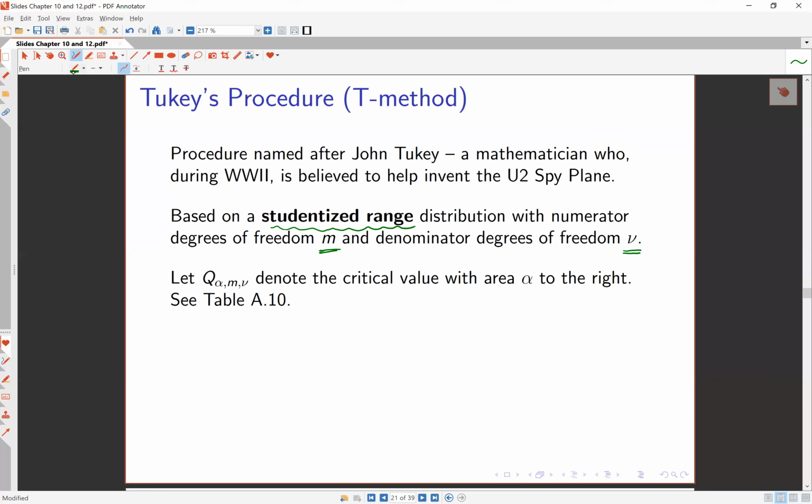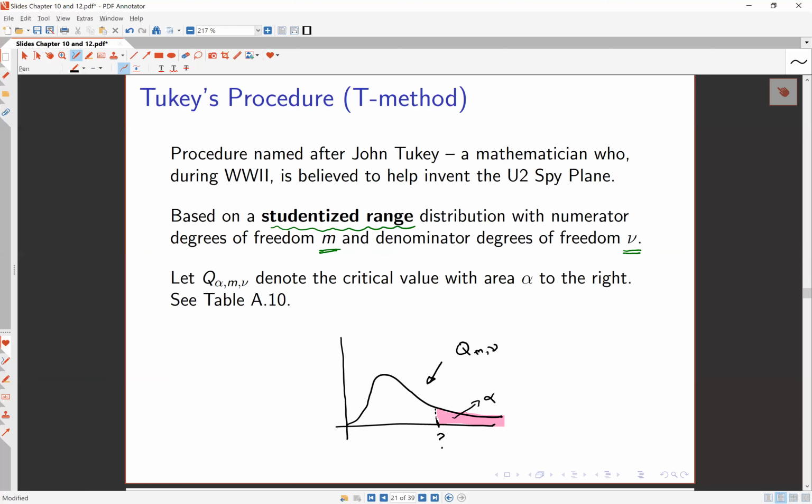And random variables or quantities from this distribution generically go by the letter Q. So if you see a Q with 3 subscripts, the first of those being an alpha and then 2 degrees of freedom quantities, that's telling you that you are looking at a studentized range distribution with m and mu degrees of freedom, and you are trying to find the value where the tail area associated with that specific value is alpha.